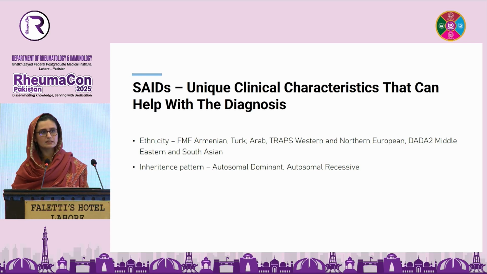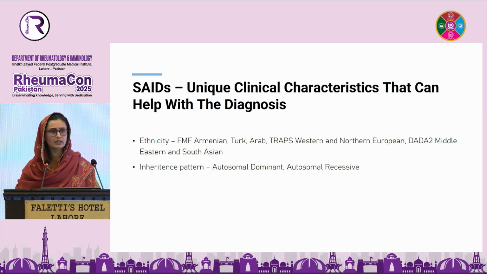Next, inheritance pattern can also help us. Some of these diseases are inherited in an autosomal recessive fashion and some in an autosomal dominant fashion. So if a patient has a positive family history of the symptoms in any of the siblings or parents, then we should be thinking about autosomal dominant diseases rather than autosomal recessive disorders. Age of onset is also very important.